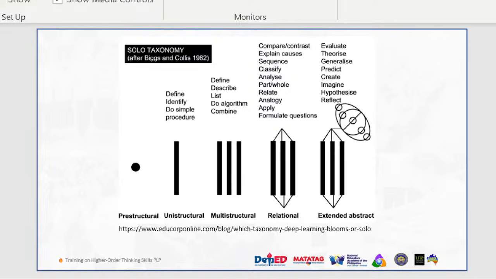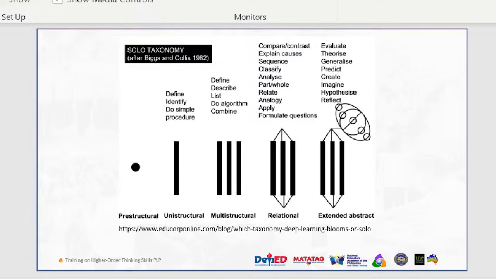So these are some examples of verbs that are applicable to each SOLO level. So for unistructural, the verbs under SOLO taxonomy are: define, which is to define a single concept, identify, do a simple procedure that's unique.